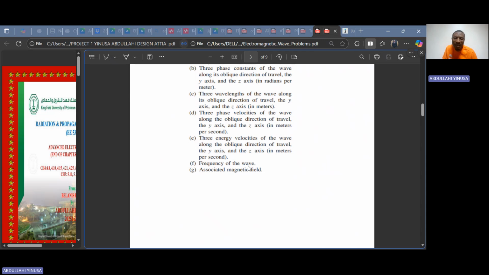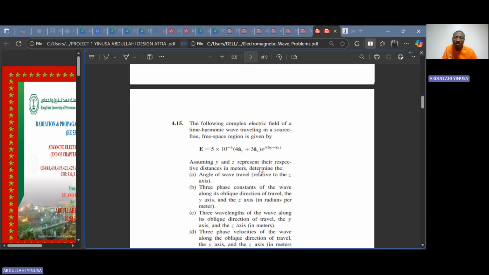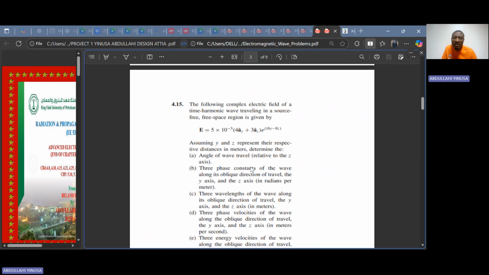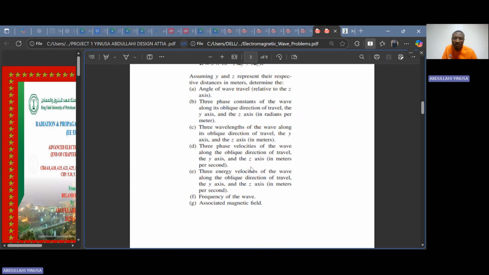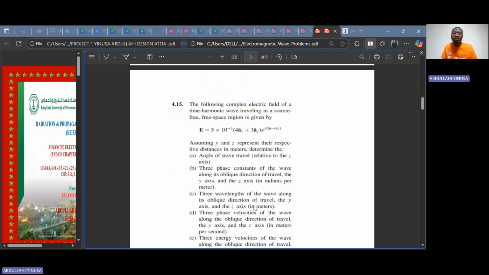Now the frequency, which is F, we've known our omega is equal to 2 pi F, right? From there, we can get our F. Associated magnetic field. This is very important because it is different from the ones we've been doing before.